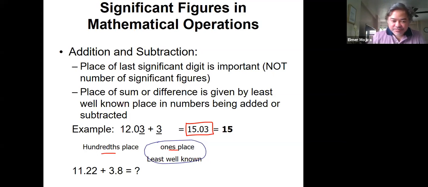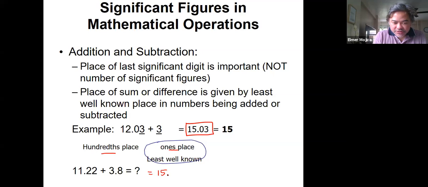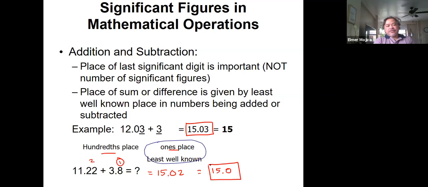So we can write the whole answer first: 15.02. You have here 1 decimal, 2 decimal places, 1 decimal place. So the final answer should have 1 decimal place, or 1 digit after the decimal. Everybody got that?